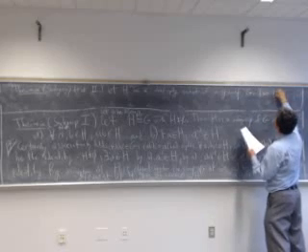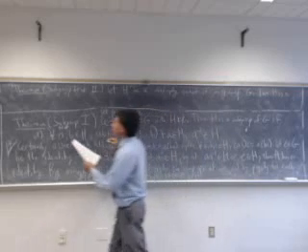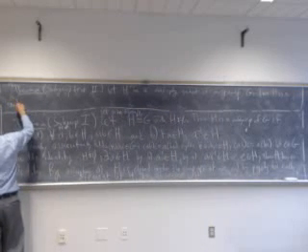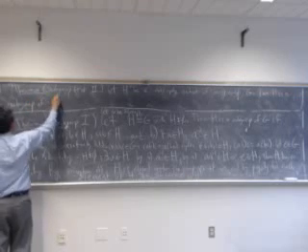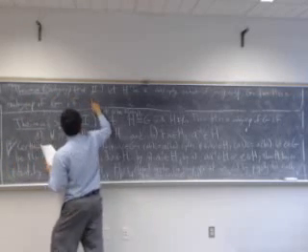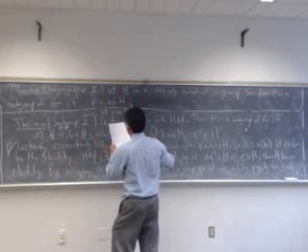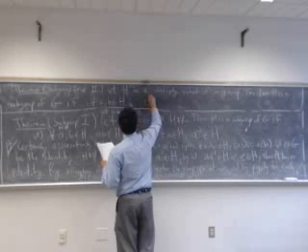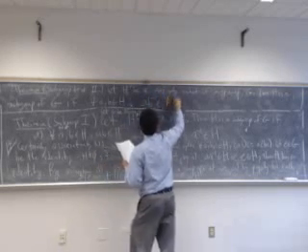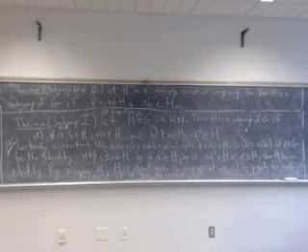Then H is a subgroup of G if for all A, B in H, A B inverse is an element of H. This is sometimes called the one-step subgroup test.